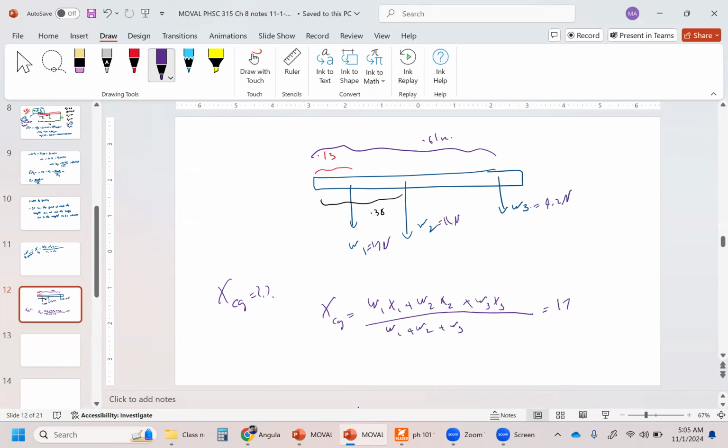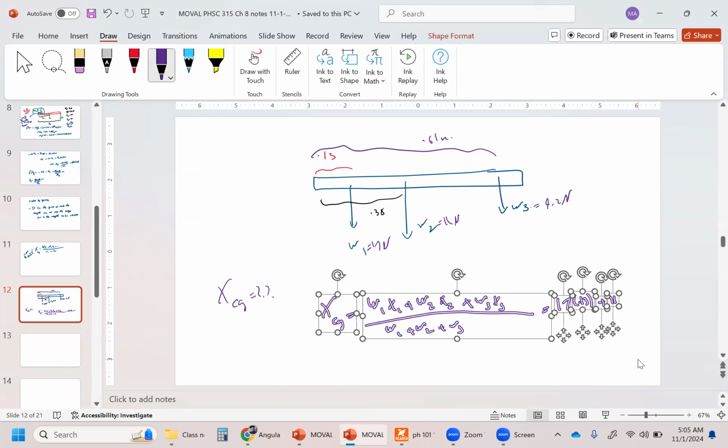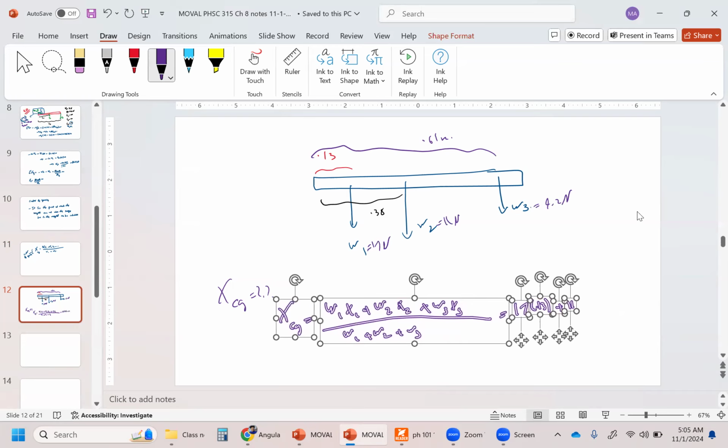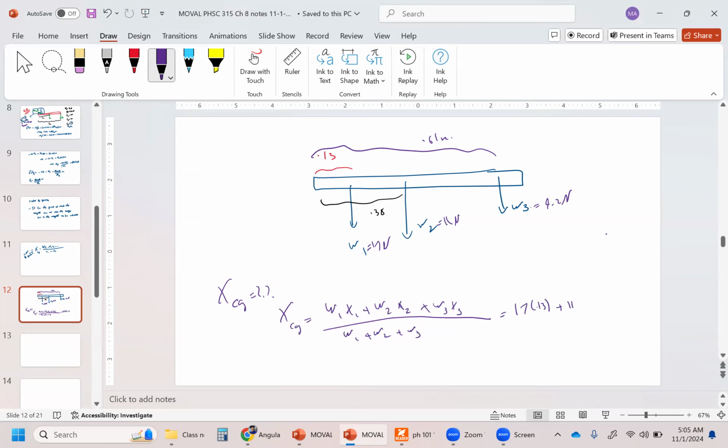So it'll be 17 times 0.13 plus 11 times 0.38 plus 4.2 times 0.61.